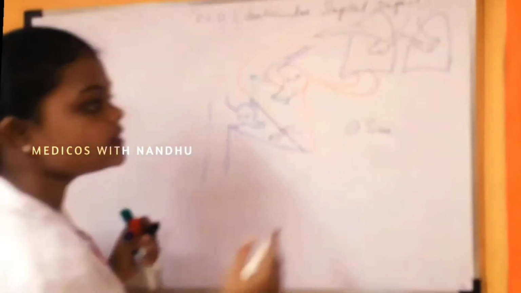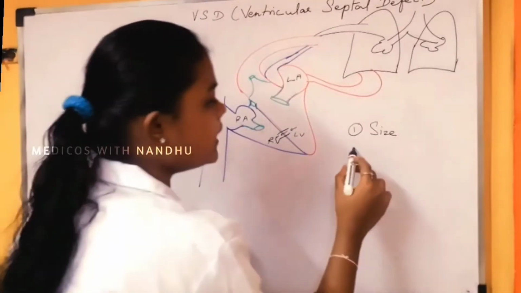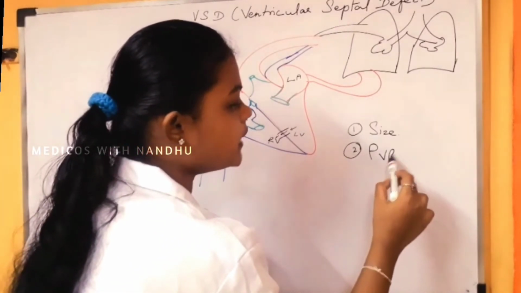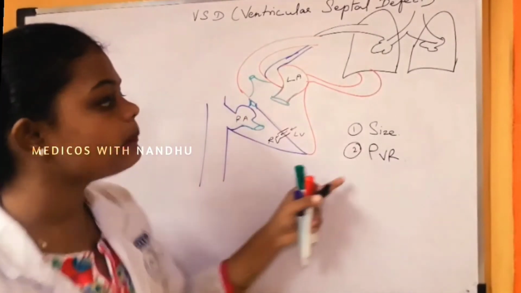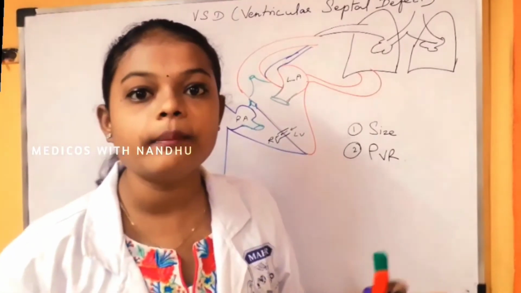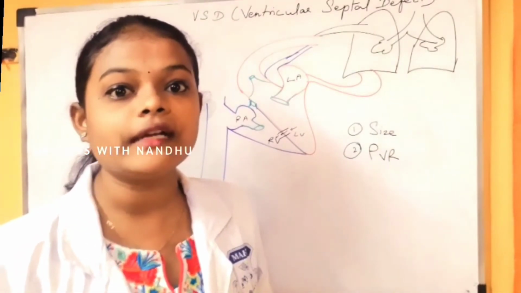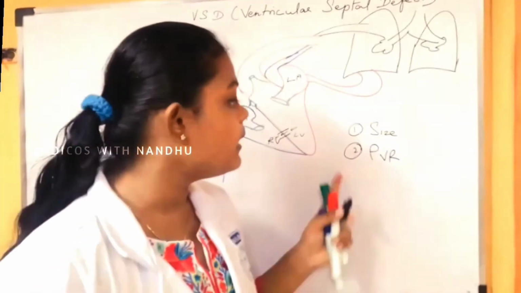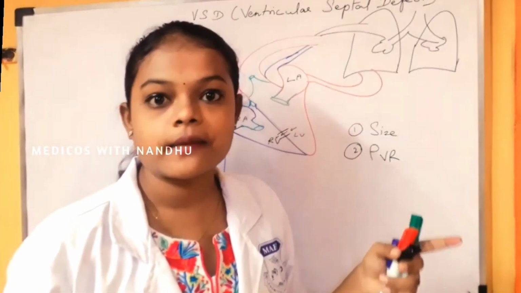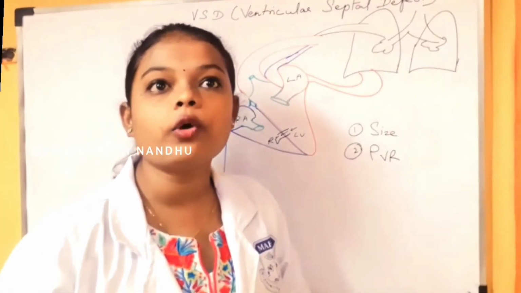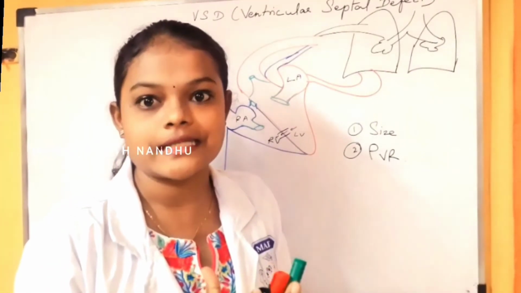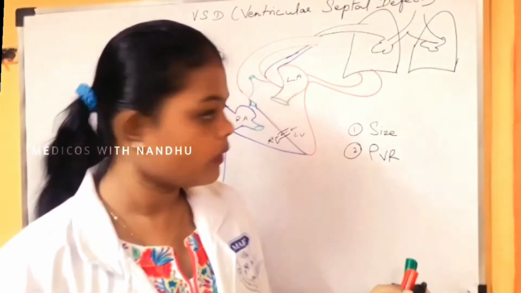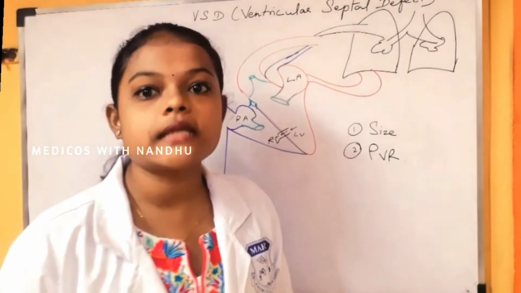Okay, first the shunt depends on the size, and the next important thing is pulmonary vascular resistance. Normally this pulmonary vascular resistance is increased in our fetal life. When we are in the fetus, in the mother's womb, the pulmonary vascular resistance is increased because we don't have functioning lungs. The lungs are compressed. The oxygen is given by the mother through the placenta.